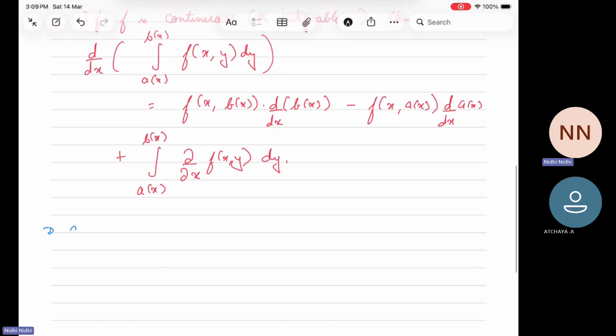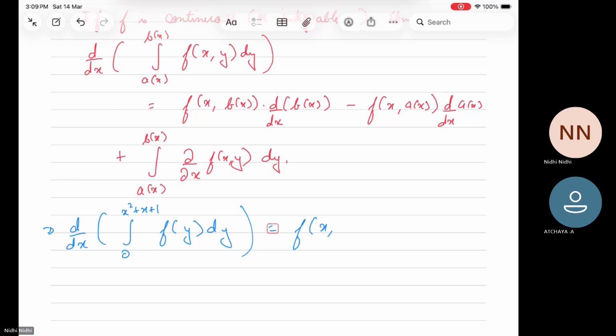This implies d by dx of, in this case, a(x) is 0, b(x) is the function x squared plus x plus 1, and f(y) depends only on y.